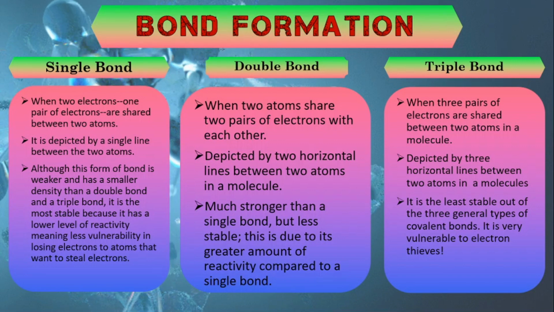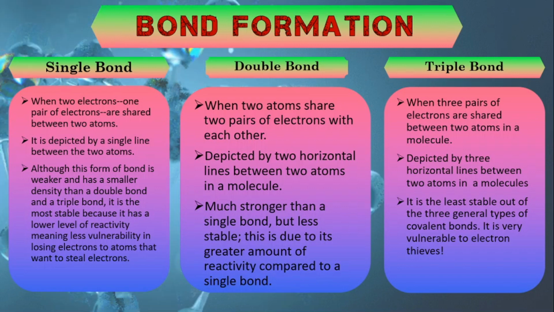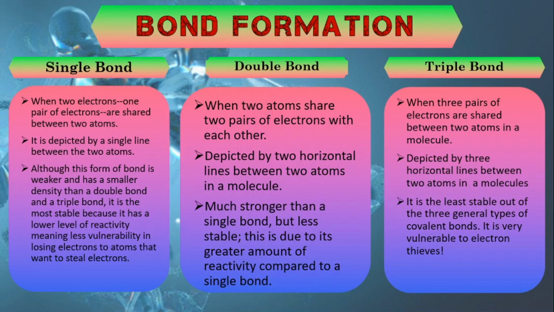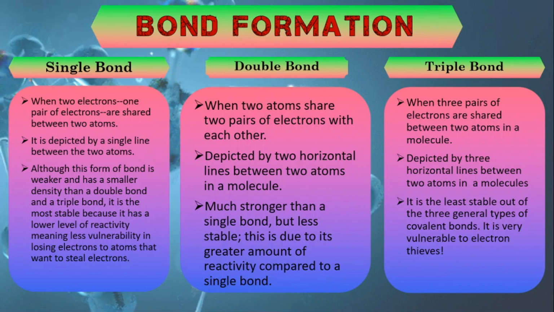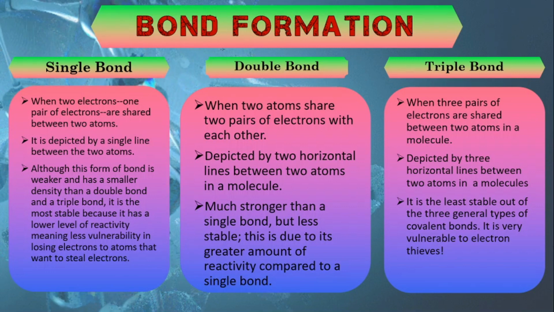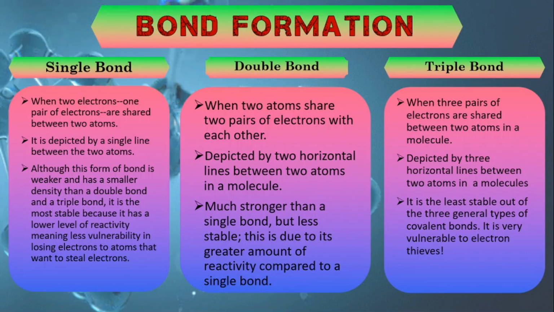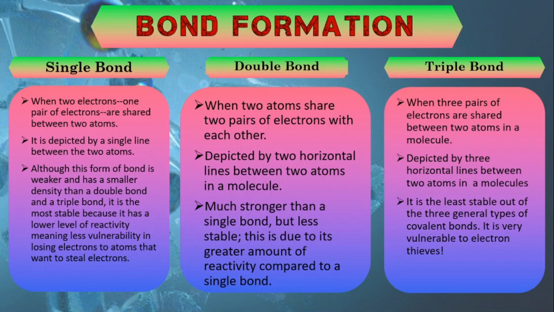Although this form of bond is weaker and has a smaller density than a double bond and triple bond, it is the most stable because it has the lowest level of reactivity, meaning less vulnerability in losing electrons to atoms that want to steal electrons.